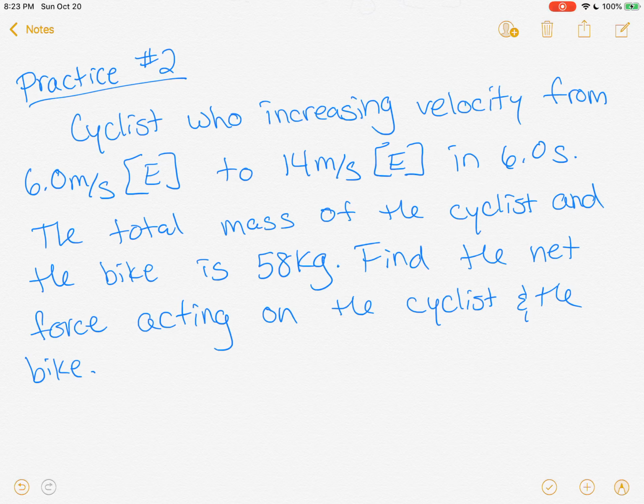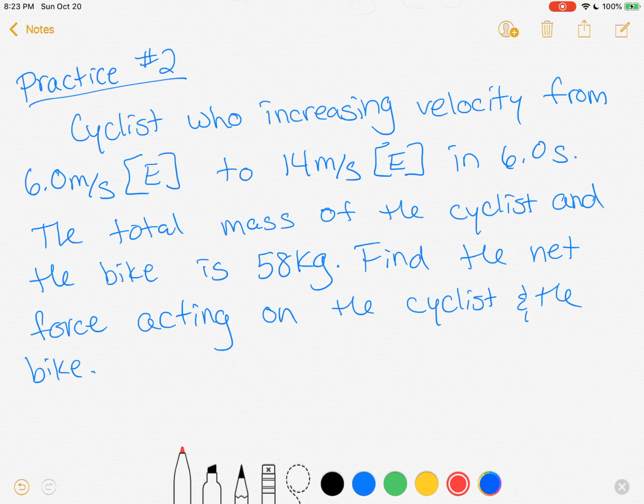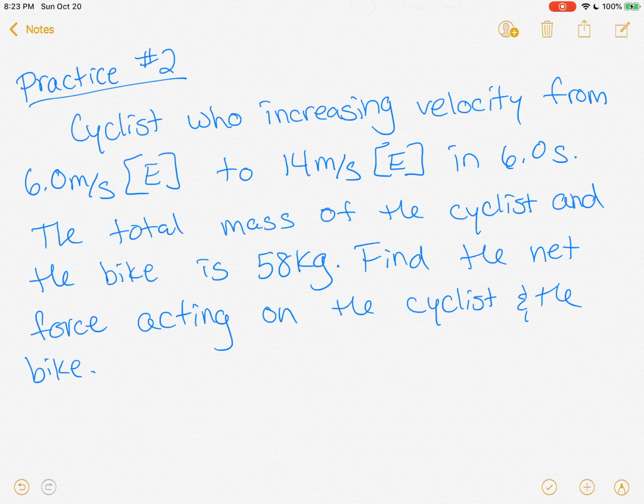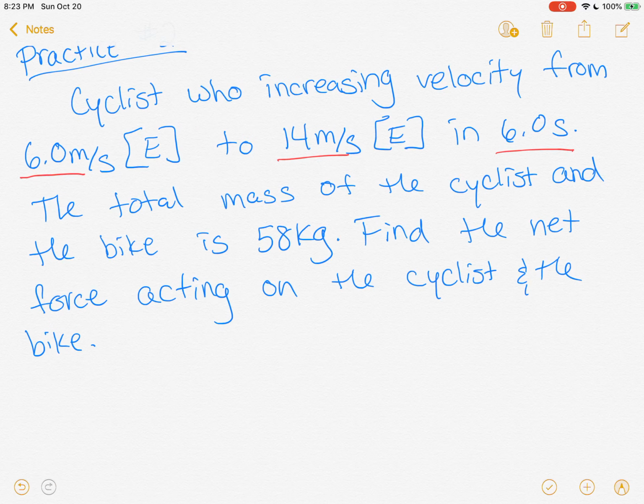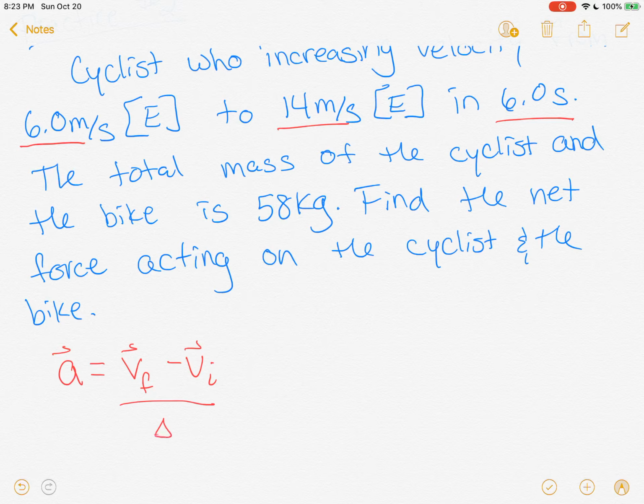Okay, so in this question, we're not quite given the acceleration, but we are given enough information to find it. We know we're going from 6 meters per second to 14 meters per second, and we know that's happening in 6 seconds. So we can calculate our acceleration by using our kinematic equation, Vf minus Vi over the change in time.